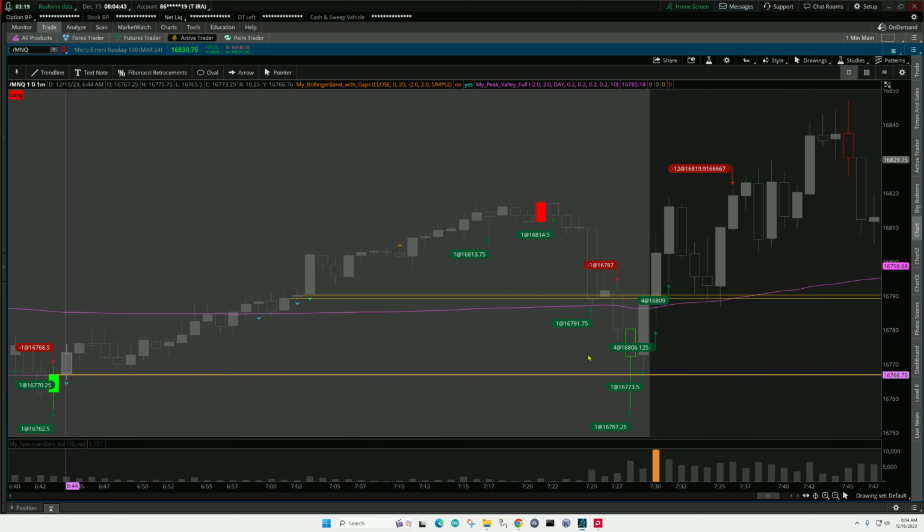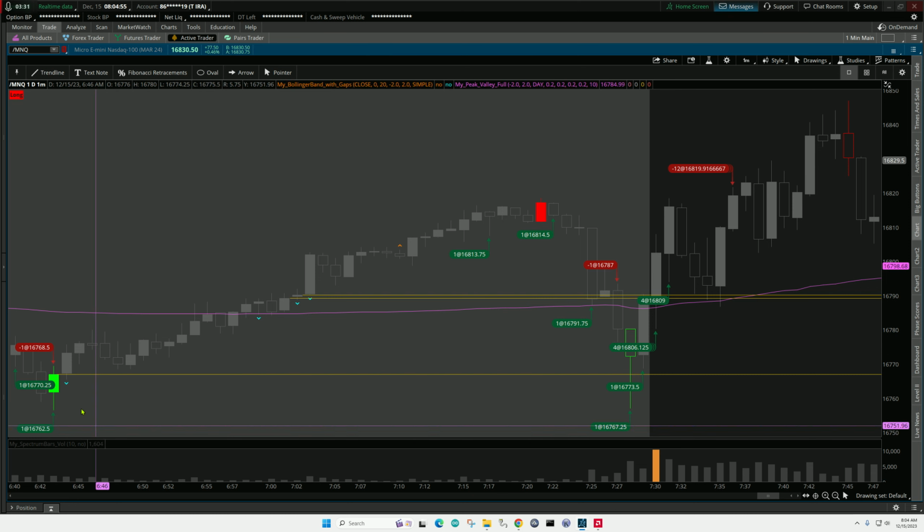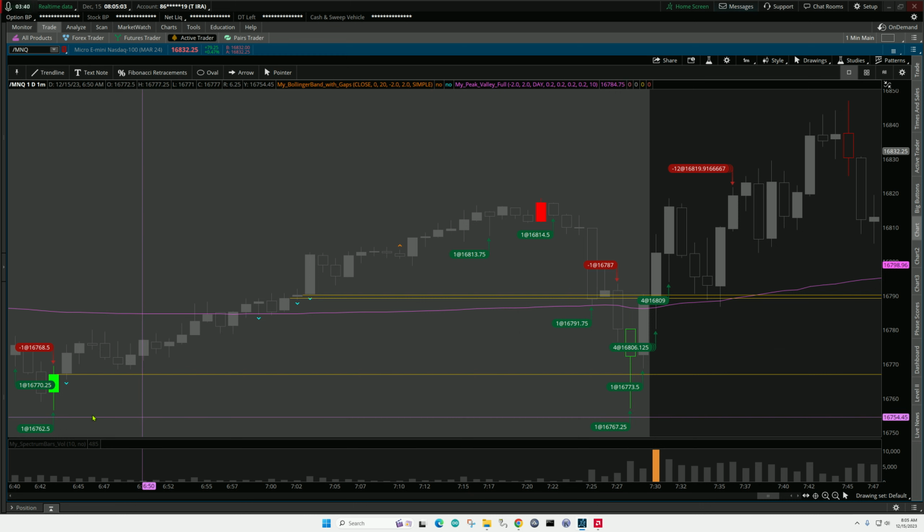I'm going to scroll left. Here you can see that price does dip down into and fills this gap, gets bought back up. The low of this candle right here is 57. The low of this candle here is 56.5. So the low of this candle is 2 ticks above this candle.